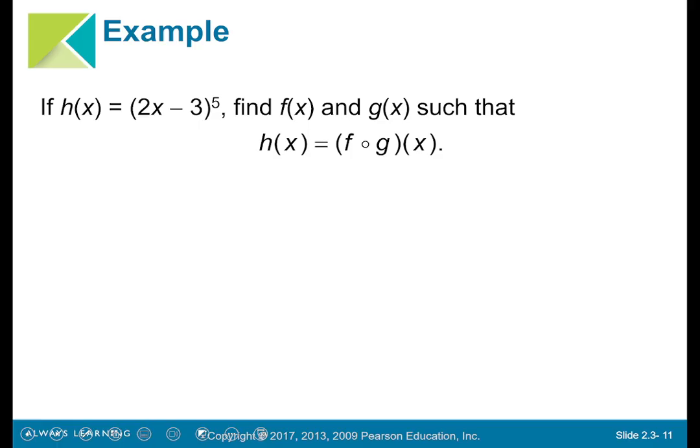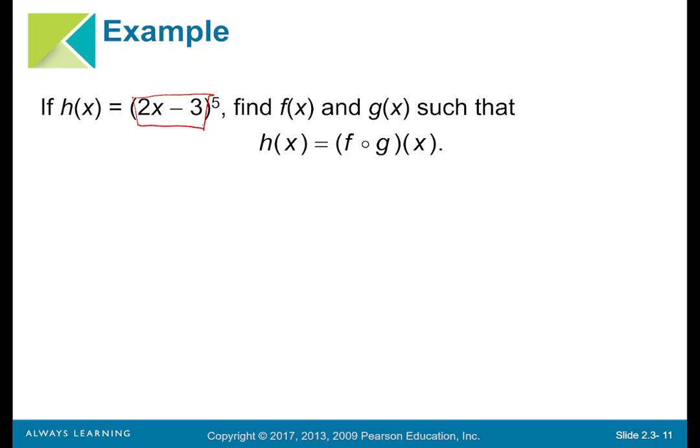Let's see an example. Suppose h of x is 2x minus 3 raised to the fifth. Find f of x and g of x so that h is the composition of f and g. Whenever you do these, look at wherever you have parentheses or a square root or anything, and draw a box in place of those parentheses or square roots.